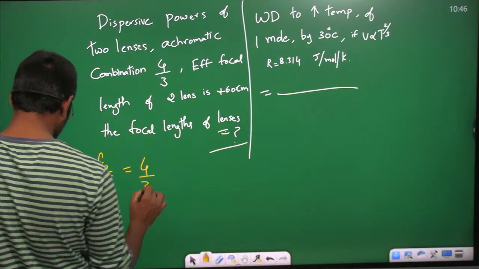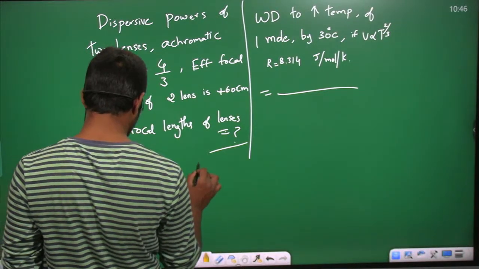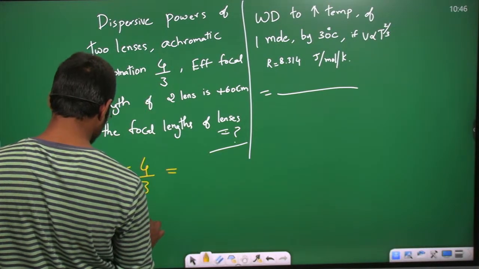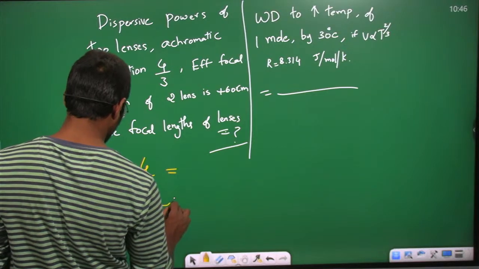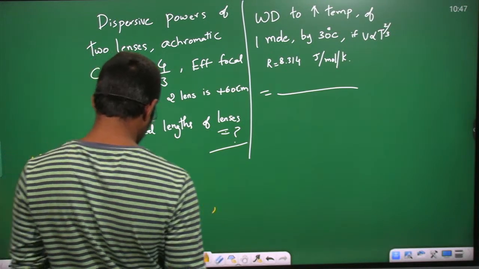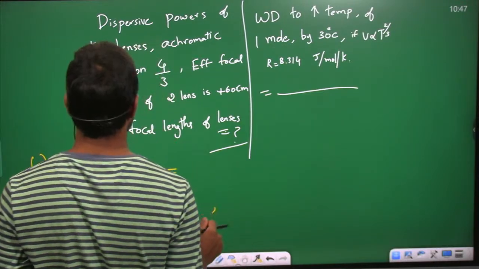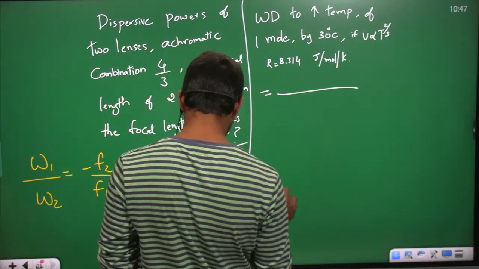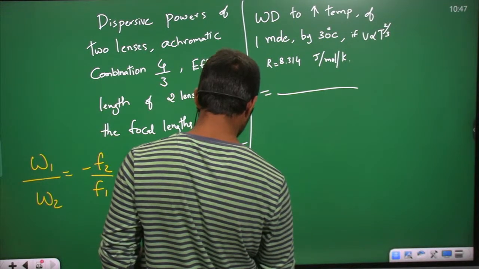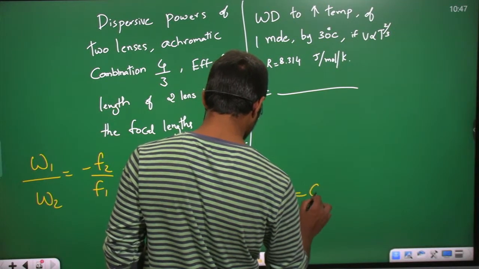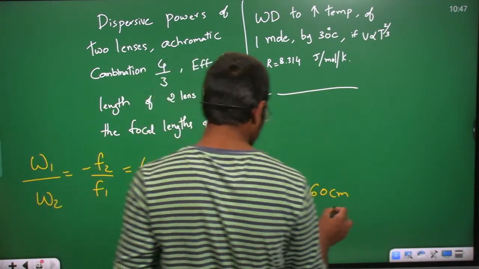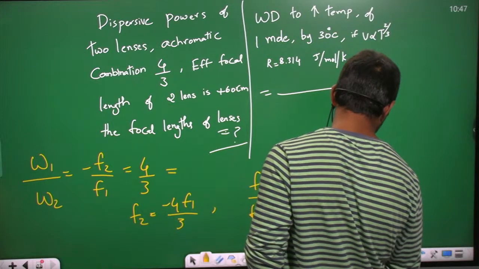So I am trying to write the hint, minus F2 by F1. So F2 is equal to minus 4F1 by 3, and it is said that the effective focal length F1 F2 by F1 plus F2 is equal to 60 centimeters, right? So substitute here and find F1 F2.